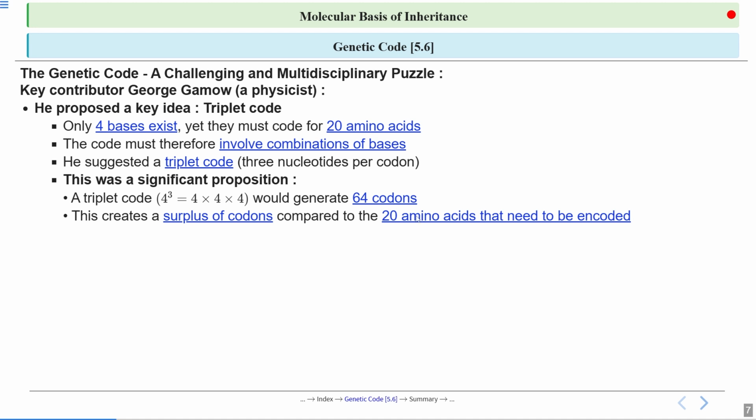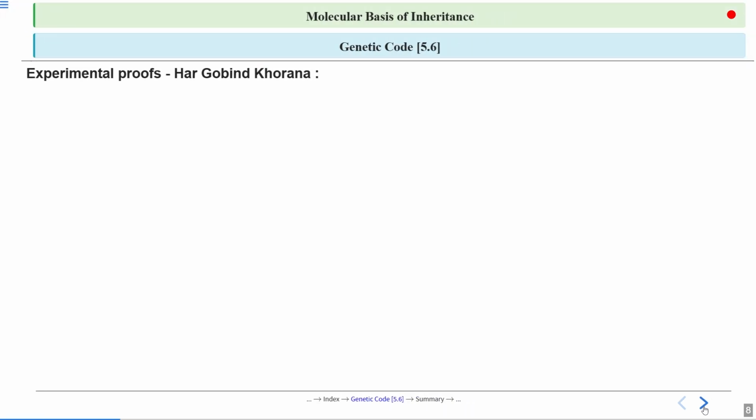Means we needed only 20 amino acids in living organisms to build all kinds of proteins. So this 3 combination, 4 into 4 into 4, is going to generate 64 codons. Means it is surpassing it. A lot of codons are generated as compared to the only 20 amino acids that needed to be encoded. But later we will see it has different features and properties.